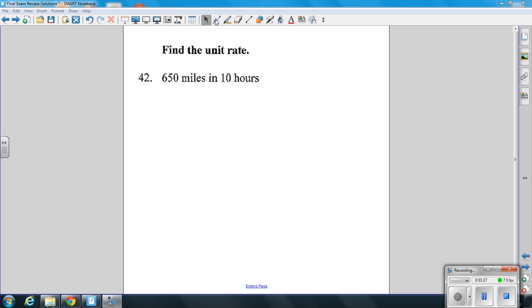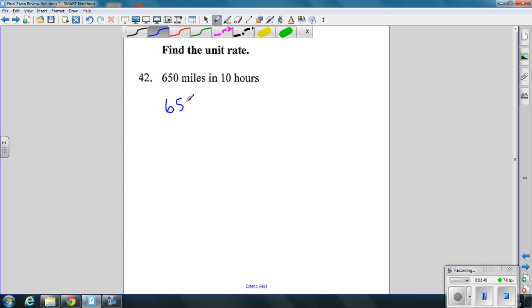For 42, we want to find the unit rate. That means how many miles can we travel in 1 hour. Unit rate means your denominator must be 1. So we take 650 over 10. Remember, the 650 represents miles, and the 10 represents hours.